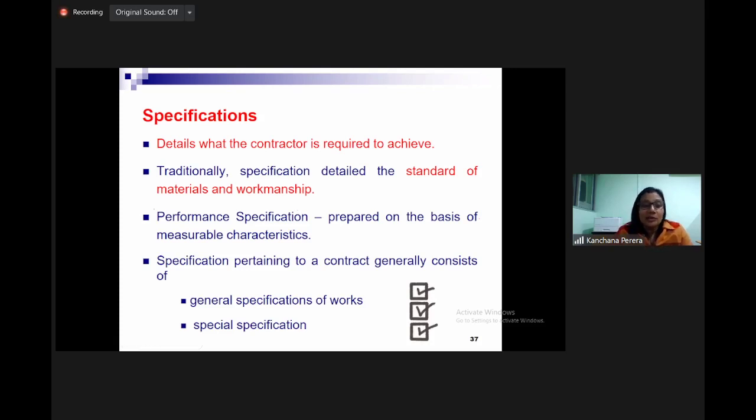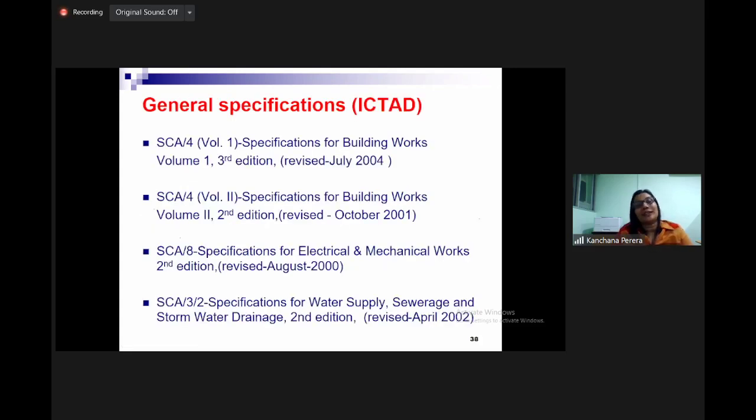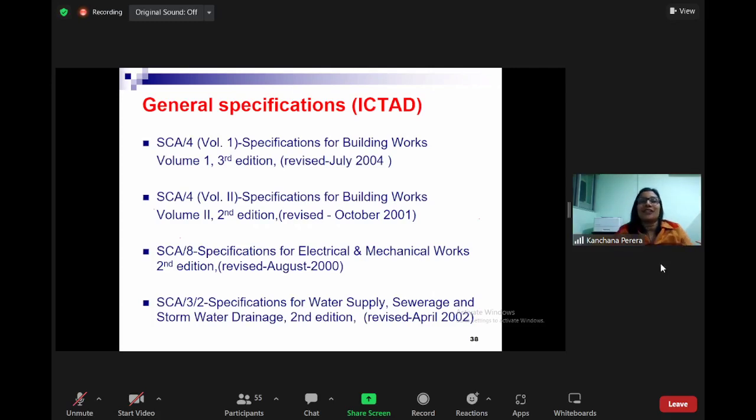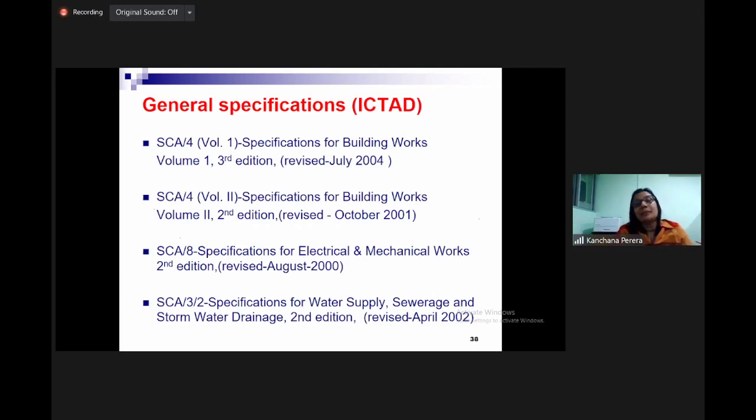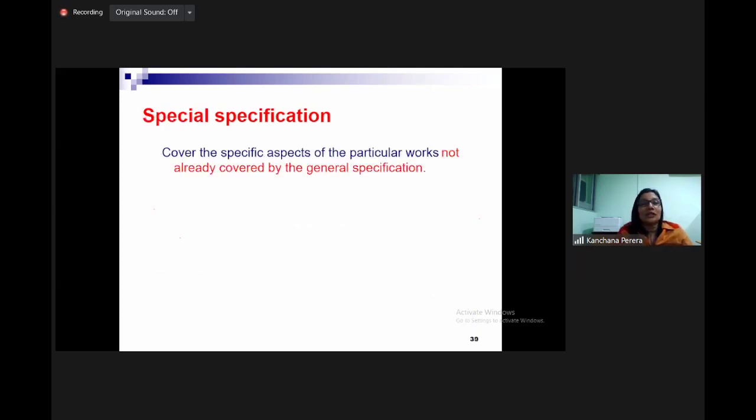When it comes to specifications, there are 2 types: general specification and special specification. What do you mean by general specification? There are standard specifications published by CEDA: specification for building works volume 1, volume 2, then specifications for electrical, mechanical, water supply and sewerage, right?